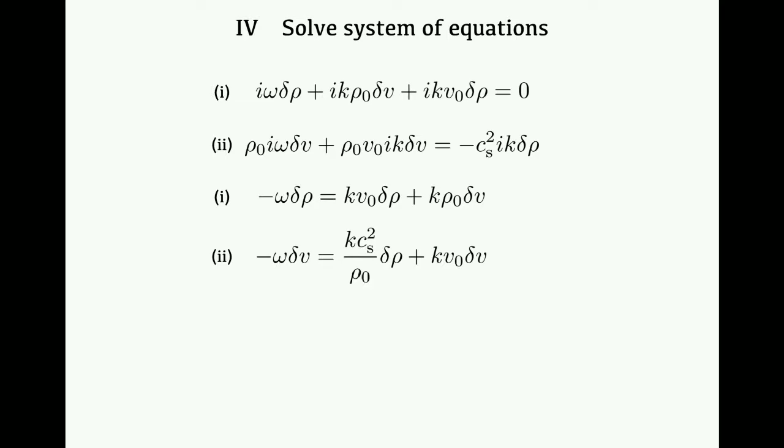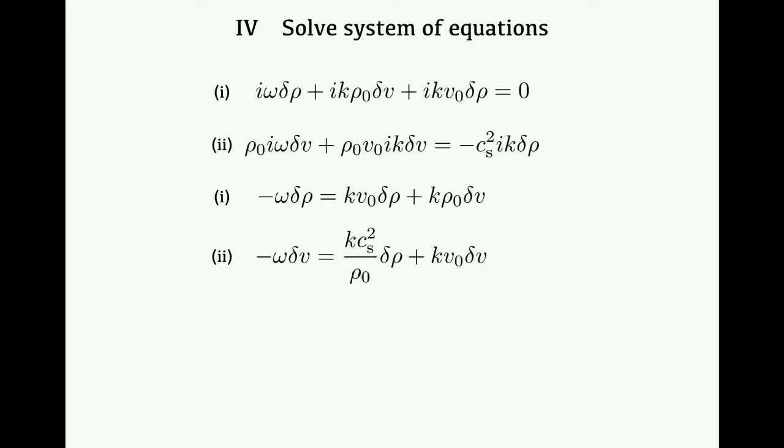Now, a set of equations, no matter if it is 2 equations or 10 equations, can be written in a matrix form. So that's what we're going to do. The right hand side of the equation, we write as a matrix multiplied onto the perturbation vector. So the first entry in the perturbation vector is delta rho, and the second entry is delta v.